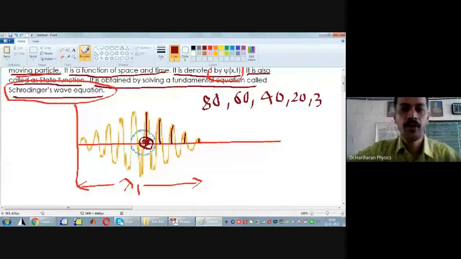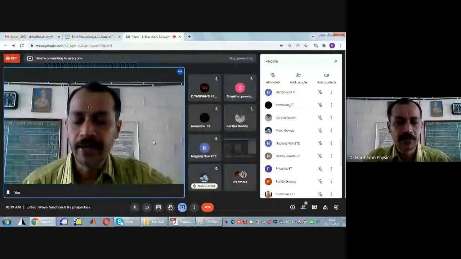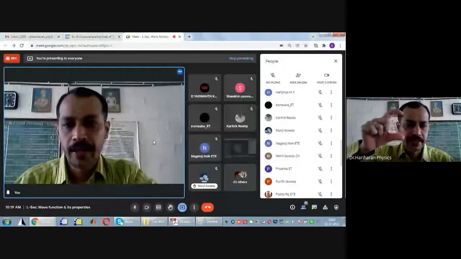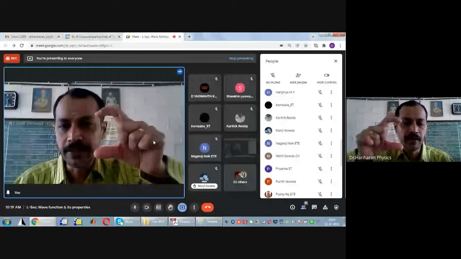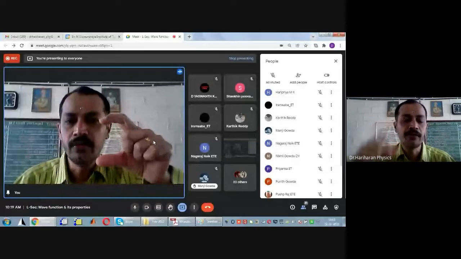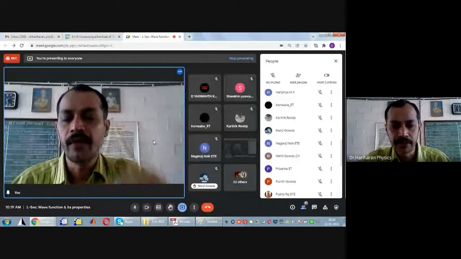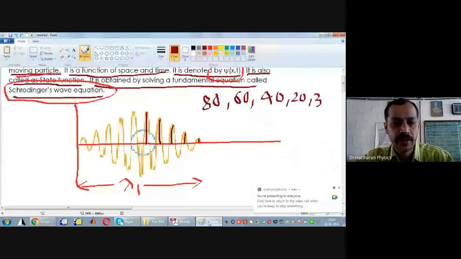So what is Max Born's interpretation of the wave function? You take a wave function, look at its height, and if you square it, that will give you the chances of finding the particle. In this example, there is a greater chance of finding the particle roughly in the middle of the wave function, the middle of the wave packet. Look here.